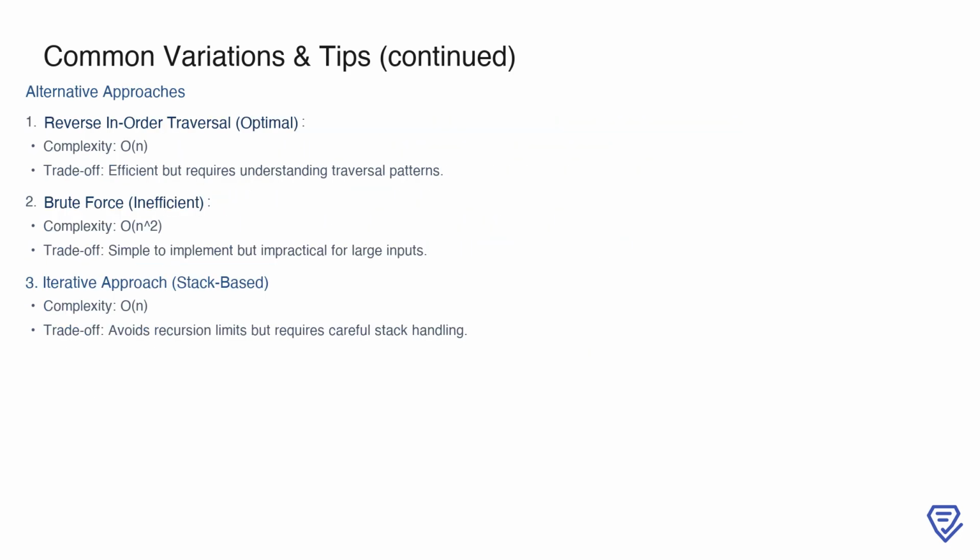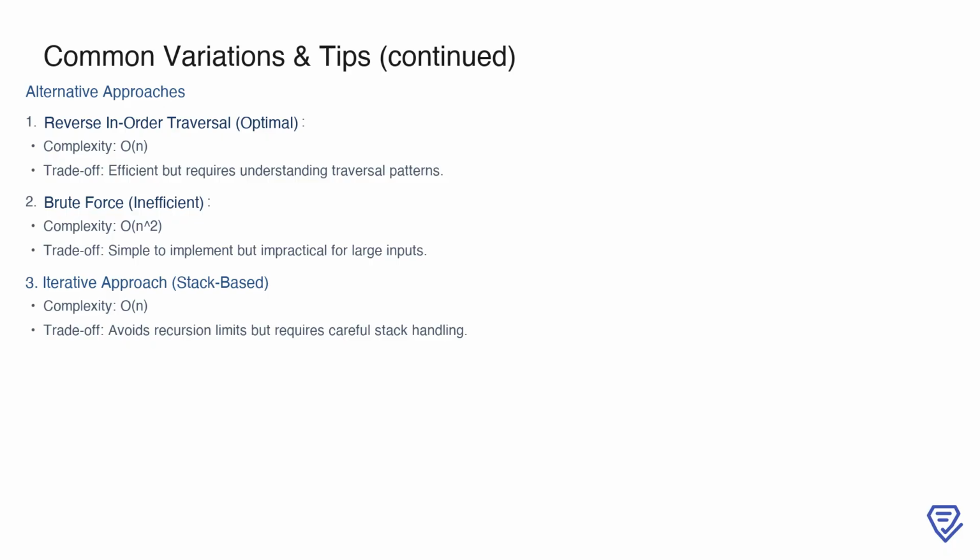Finally, let's consider some alternative approaches to solving this problem. The most efficient method is reverse in-order traversal, which has a time complexity of O(n). This approach directly leverages the structure of the BST, but it does require a solid understanding of traversal patterns. Another option is a brute force approach, which involves recalculating sums for each node.